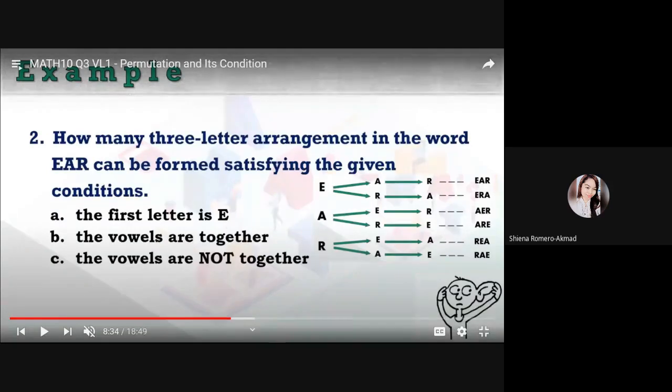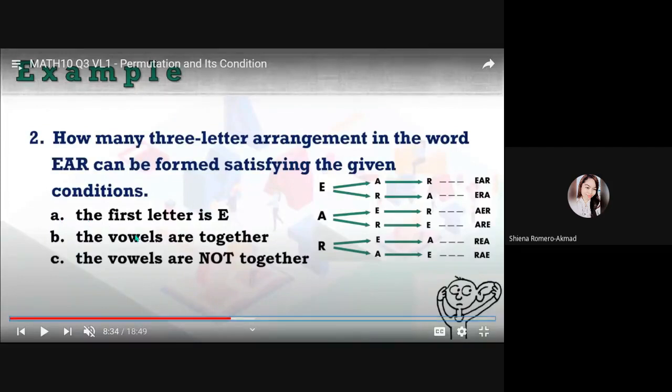Ang sabi lang naman is the arrangement. It has nothing to do with the definition of that word or the meaning of that word. All we have to do is to arrange the letters. So for number 2, we are given 3 different situations or conditions to be exact.